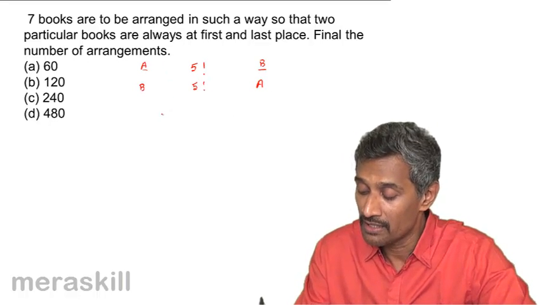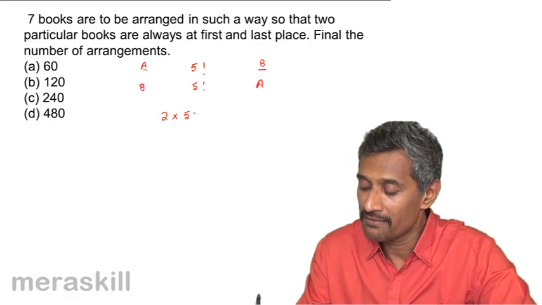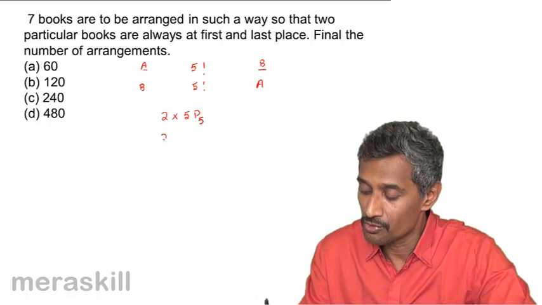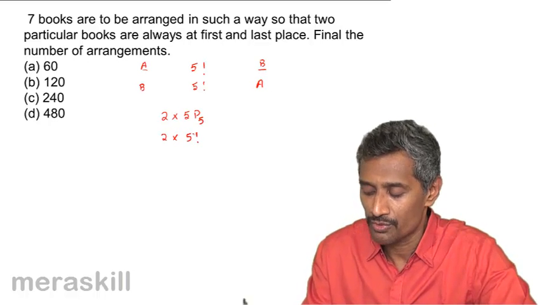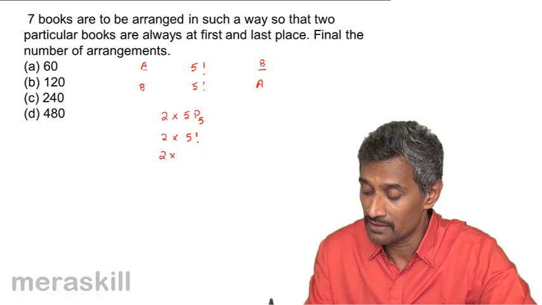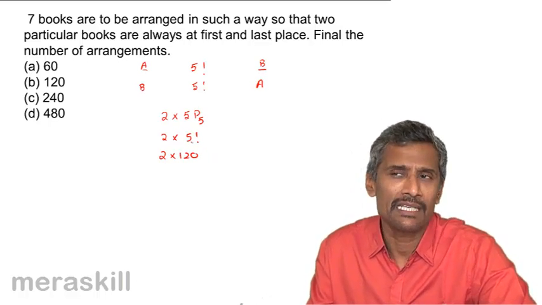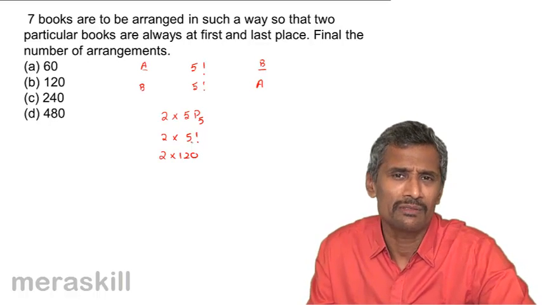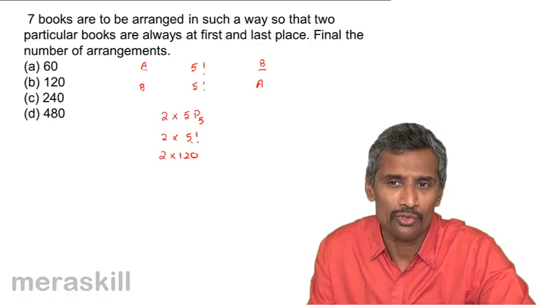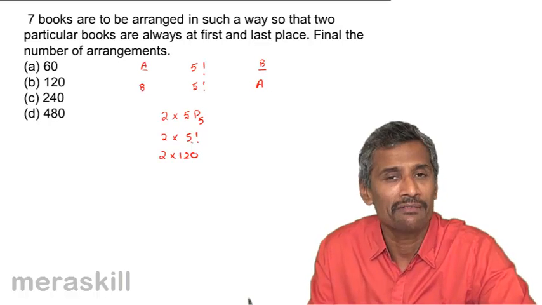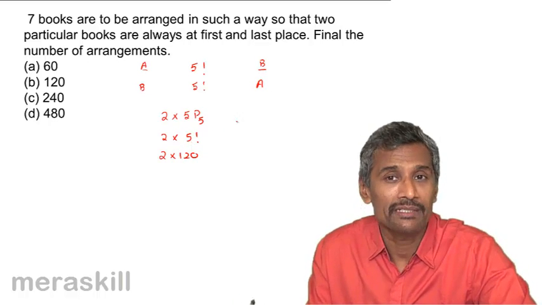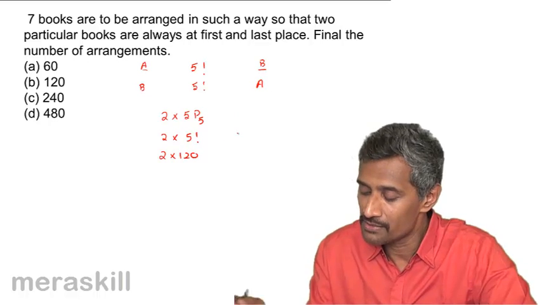So it's eventually 2 times 5p5, which is going to be 2 into 5 factorial. 5 factorial we have done earlier is 120. By the time you start doing this exercise, you'll remember the factorial values are simple ones, like 3 factorial is going to be 6, 4 factorial is 24, 5 factorial is 120, 6 factorial is 720, and so on and so forth.